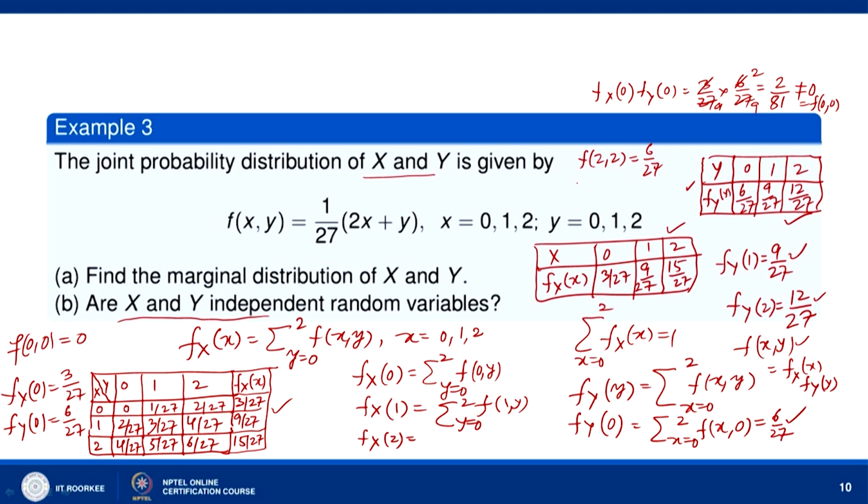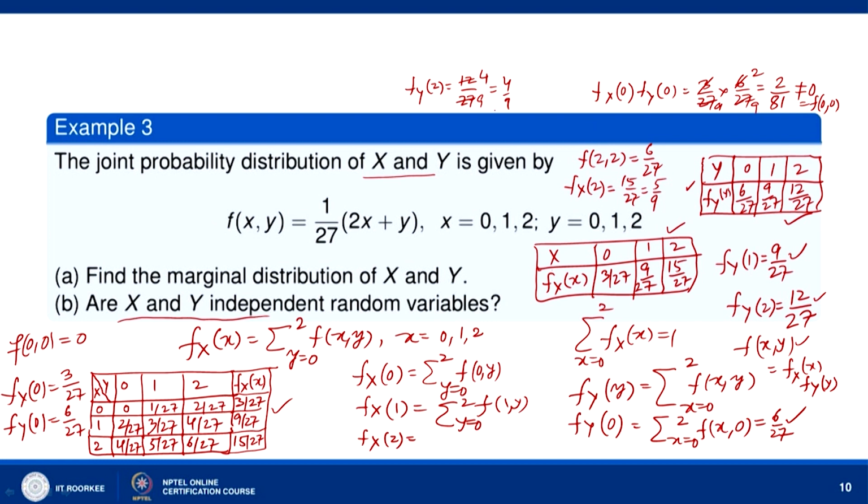What is fx(2)? fx(2) is equal to 15/27, which means 5/9, and fy(2) will be equal to 12/27, so 4/9. So, 5/9 into 4/9 is equal to 20/81.